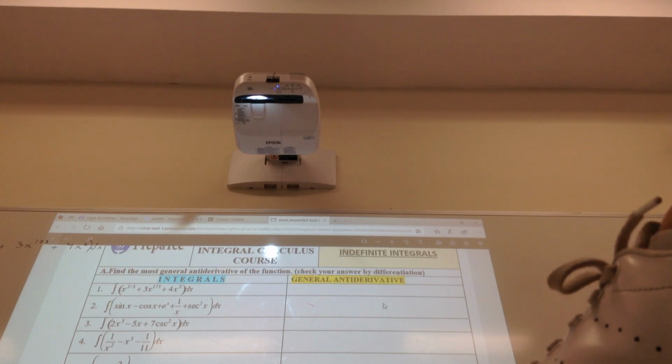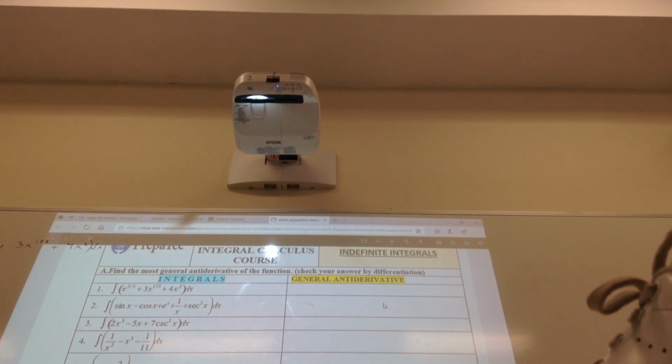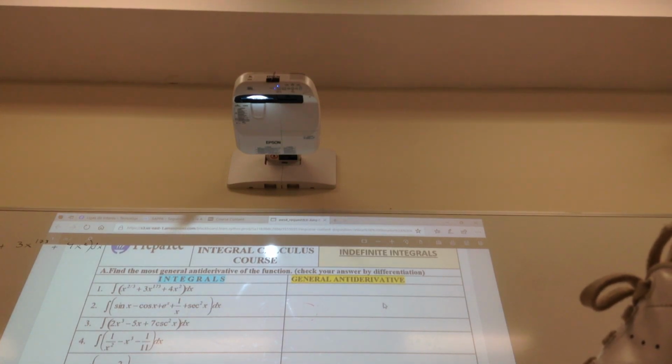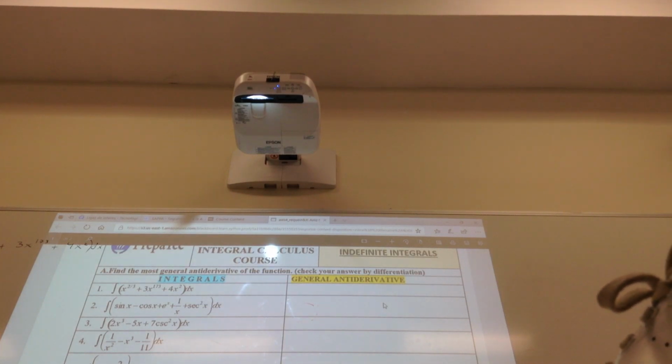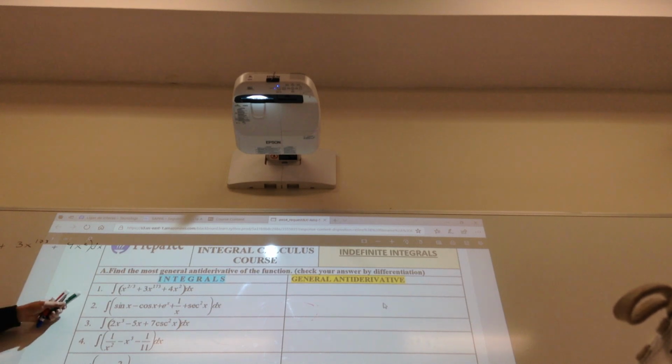So x to the 5/3 over 5/3. Remember what rule I'm applying: x to the n integrates to x to the n plus 1 over n plus 1 plus c. That's what I'm applying. Do I need to put plus c here? No, it's at the end.